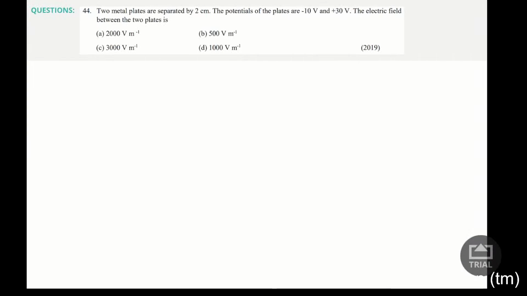Now let's see the last question for this one, then we'll go for current. Let's see the last question. It's good, you got it. So last question, very simple, very easy question. Let's see.